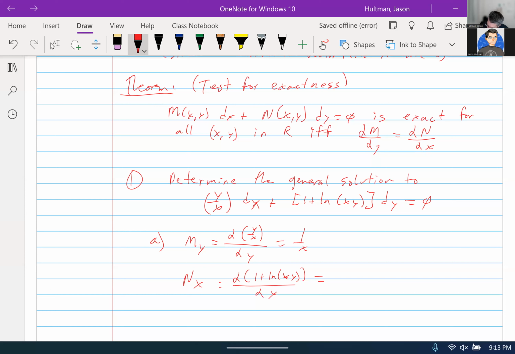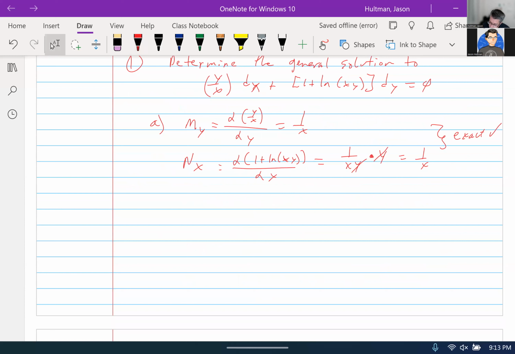The natural log of xy gives 1 over xy times, by the chain rule, the derivative of the inside, but y is just a constant, so the derivative of xy is y. Those cancel, and I'm left with 1 over x. So yes, it is exact. It checks.